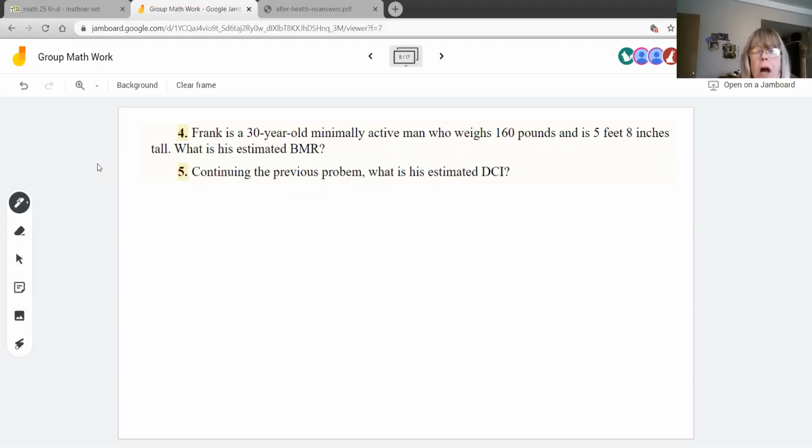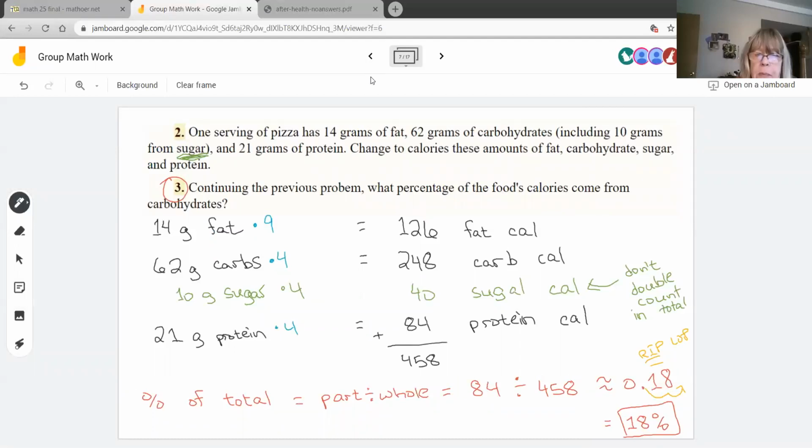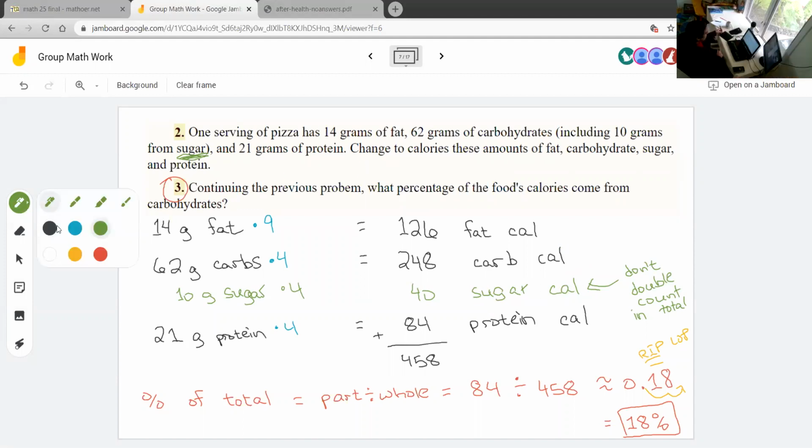I just want to clarify that the problem isn't complete because we would take those steps for each one of our carbohydrates, protein. You're right. It says change all 4 of them: fats, carbs, sugar, and protein. So we have to do all 4. Okay.